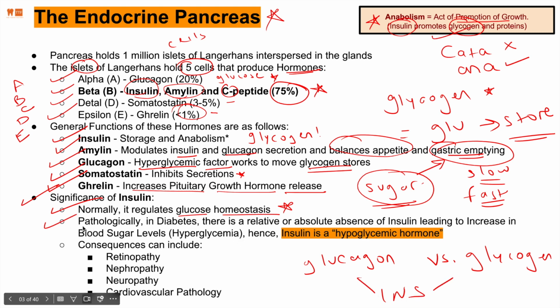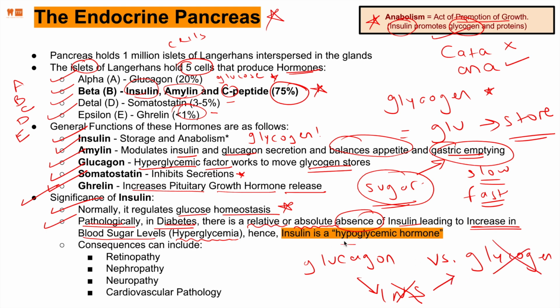But pathologically, in diabetes, there's either a relative or an absolute absence of insulin, leading to an increase in blood sugar levels, called hyperglycemia. So technically, if I remove insulin out of this equation, sugar cannot move to glycogen and it will remain as usable sugar.